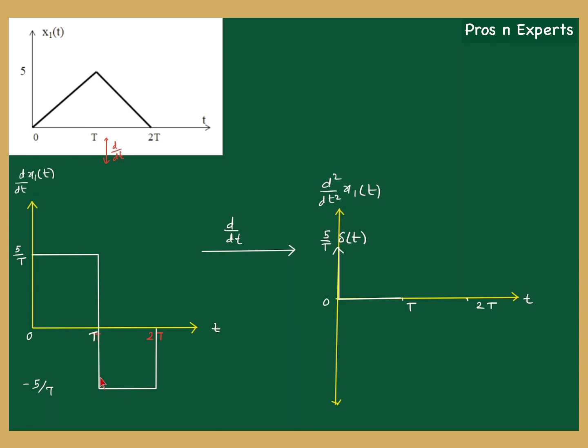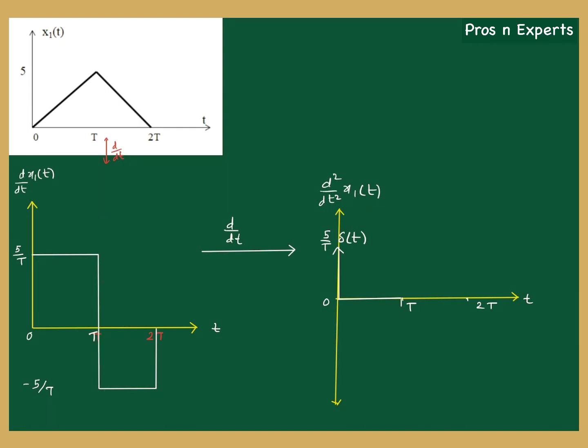So what is the total change? It is 10 by t, right? 5 by t to 0 and 0 to minus 5 by t, you will get 10 by t. So there is a 10 by t strength impulse at t, right? And the orientation of that impulse will be negative because the voltage changes from positive to negative in this direction.